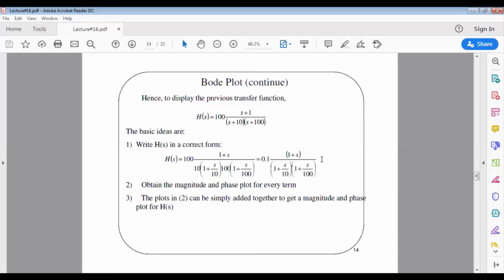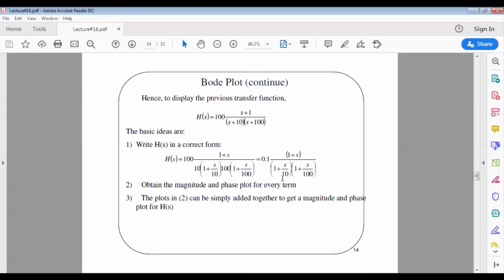So there should be 4 different plots that can be sketched. I repeat again: a constant at 0.1, a real zero at 1, a real pole at 10, and a real pole at 100. These are the plots that can be obtained from H(s).